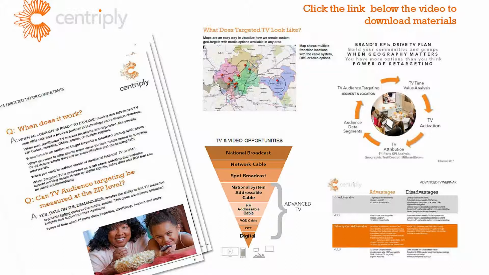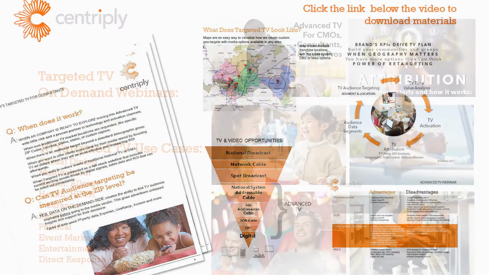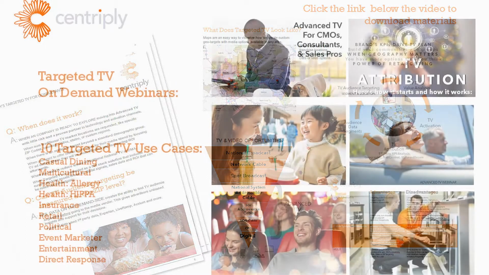And at the bottom right is an at-a-glance side-by-side comparison of households addressable to other groups of addressable TV and their advantages and drawbacks, so you can decide what's right. With all this, you'll have a whole kit. You'll be ready to go in no time. You will be a targeted TV expert.